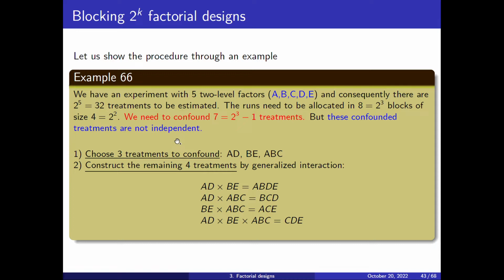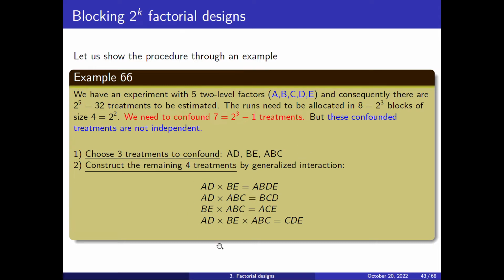Let us choose 3 effects to confound. We have decided to confound these second order interactions and this third order interaction, and now we can construct the other 4. We will confound 7 of them. We have chosen 3.